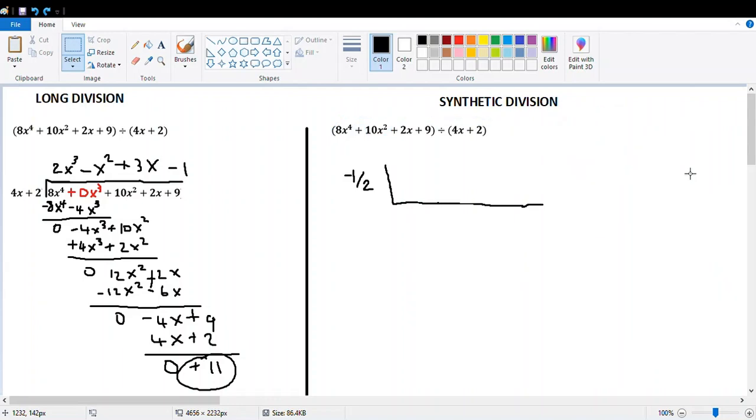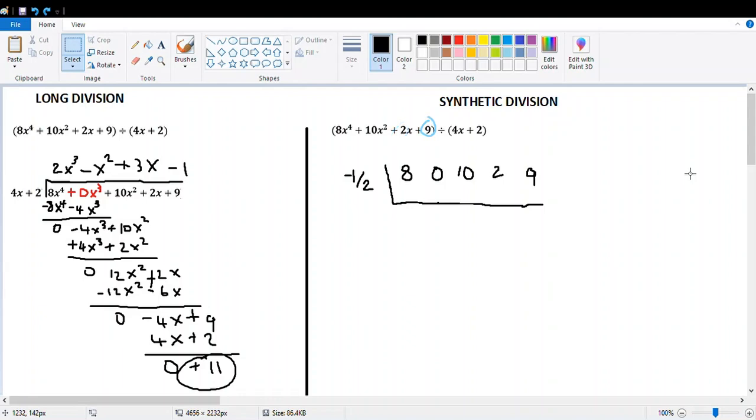Saving the space is going to be important. Let's copy the coefficients. The first coefficient is 8. The second coefficient is 0 because it's the coefficient for x cubed. There is no x cubed, that's why it's 0. Now the coefficient for x squared is 10, the coefficient for x is 2, and the constant is 9.